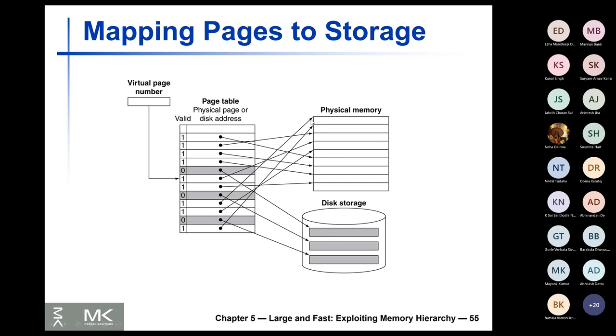Which means that if this virtual page number is 10,000 for process A, this mapping is valid only for process A. For process B, this mapping will be something completely different, because it is not pointing to the same physical page.